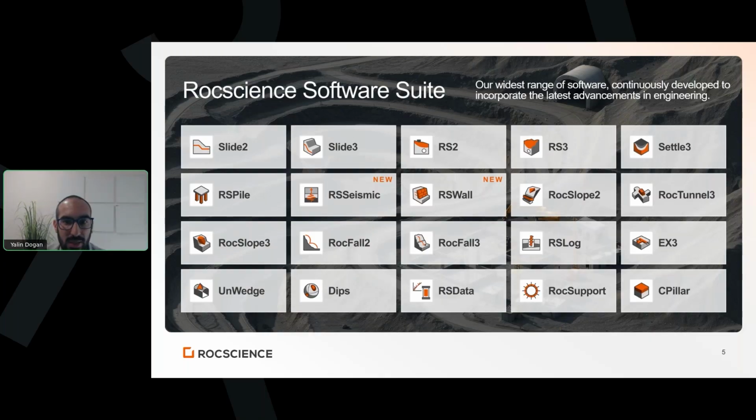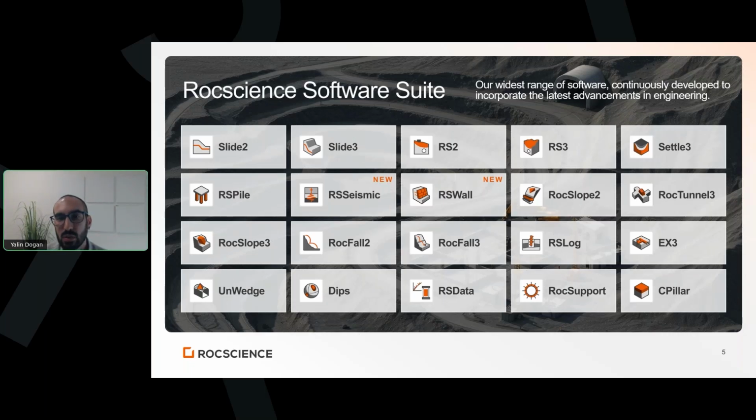Okay, a little bit about our software suite. We develop products for geotechnical, mining, and civil engineering. We have 2D and 3D products for slope stability, finite element programs, settlement and pile analysis solutions. We have a web-based borehole logging and data management software, and products for 2D and 3D rockfall analysis.